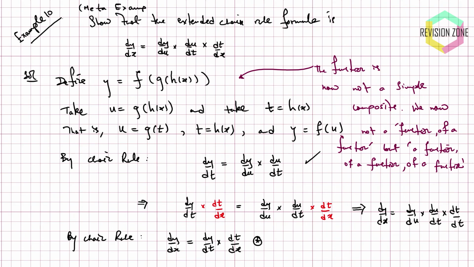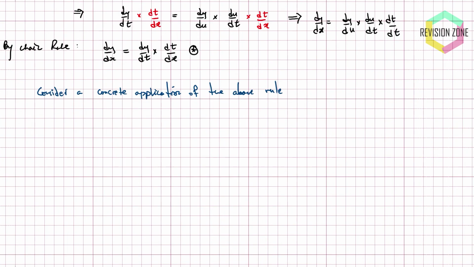So perhaps it's worth seeing something a little bit more concrete. Let me make some space. Let's consider a concrete application of the above rule. We might want to look at a function which is quite complicated. Say we define y equals e to the power of sine. Now, if I stick an x in there, that's just a function of a function, because that's my first function, that's my second function.